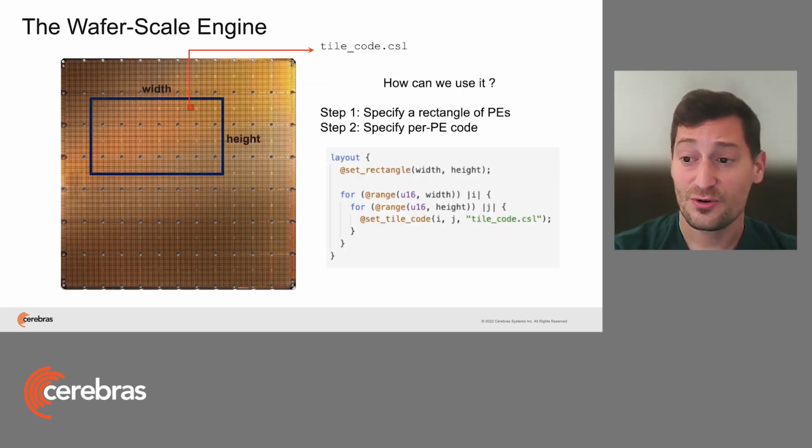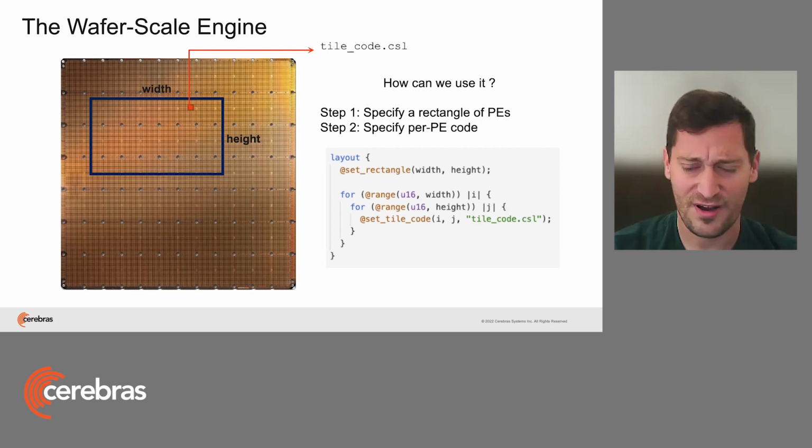Okay, so far so good, but how can we actually use CSL? We can do that in 2 steps, actually 3 steps. Step number 0 is to specify what we call the layout block, as you see in that code snippet below. And within that layout block, we have step number 1, which is to specify a subset of PEs as a rectangle.